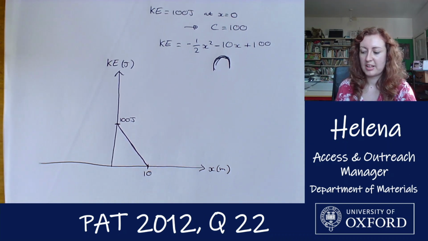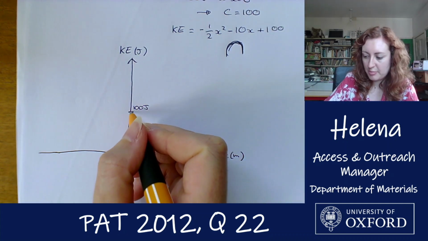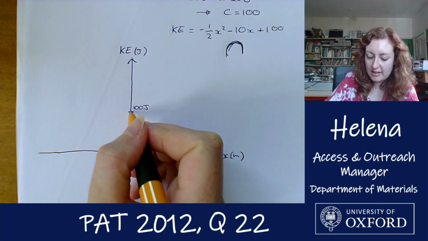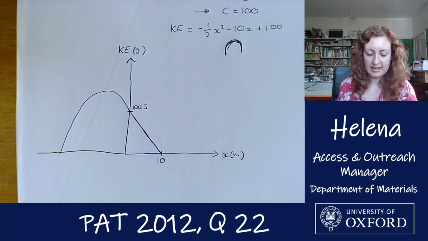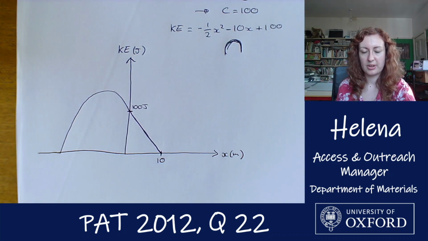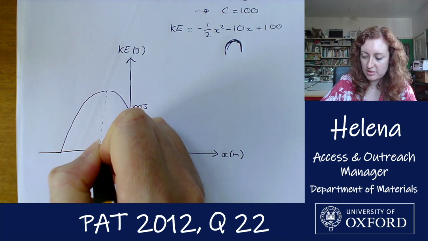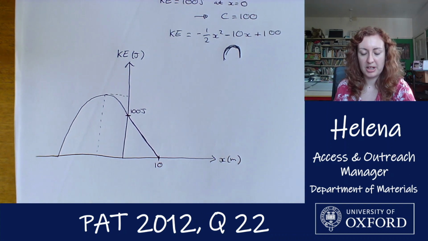Okay, and now here we have our upside down parabola shape. So we're going to have a little kink, a little break here, and we're going to have a graph that will go something like this. And we can also deduce what the maximum kinetic energy will be.